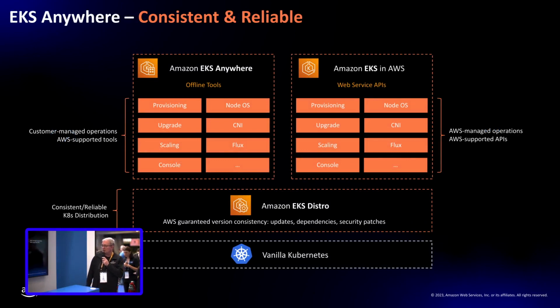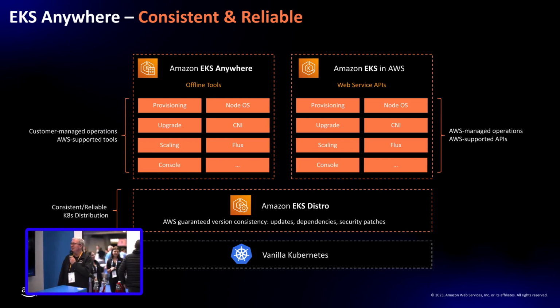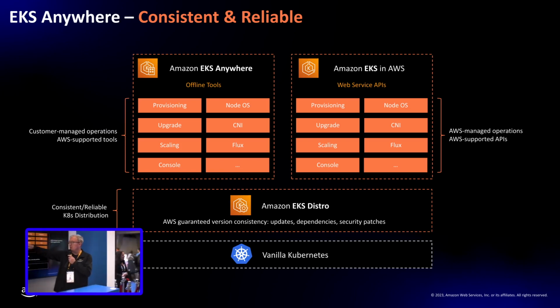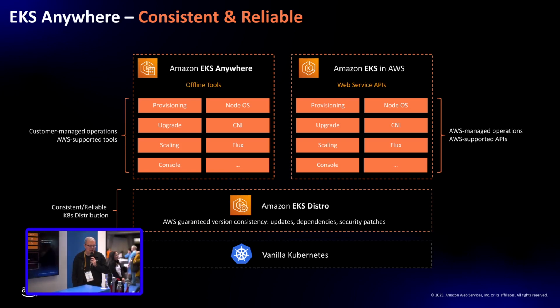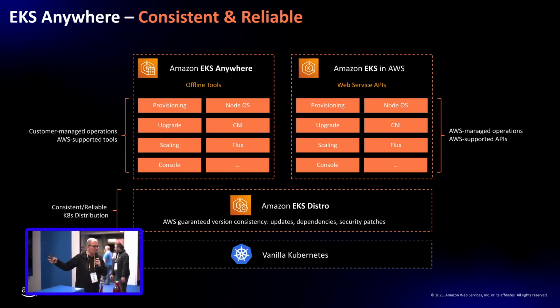So I mentioned the consistent and reliable state here for EKS Anywhere. So the offline environment versus EKS in the cloud, right? Here on this side, we have EKS Anywhere on premises, and over here we have EKS in AWS. You can see that a lot of the same things are there.